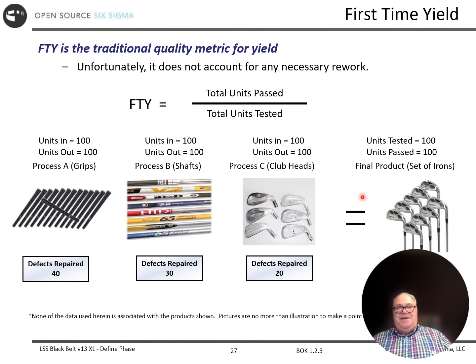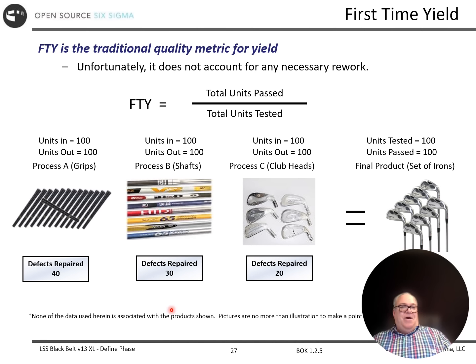So here we're showing a golf club manufacturer, and it's a very simple process where we've got your grips, your shafts, and then we attach the club head, and somehow, right, if they start with 100 units of input material, so 100 grips, 100 shafts, 100 club heads, they can get 100 out.